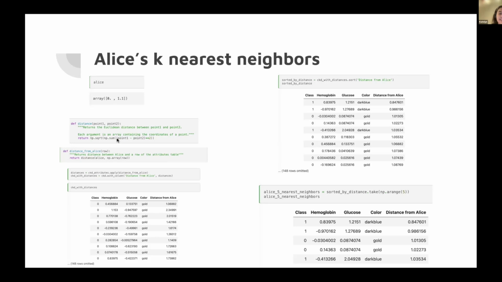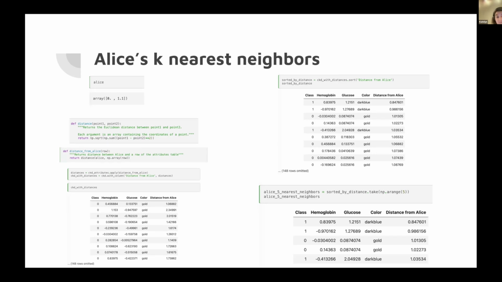Basically, you're finding the distance between 2 points in one function, and then you're finding the distance from Alice based off of that. We're going to put that into a new column and apply it to her nearest neighbors. That way we can identify which plots are the closest to Alice, and that's how you would identify the nearest neighbor.